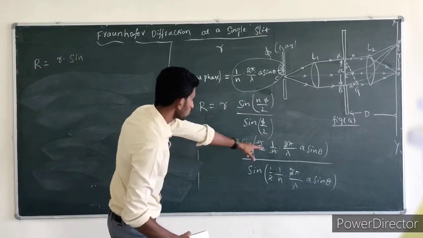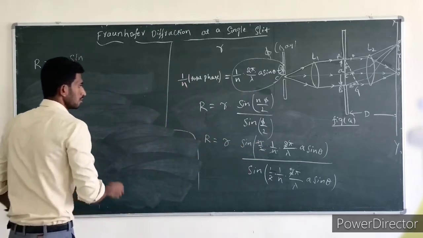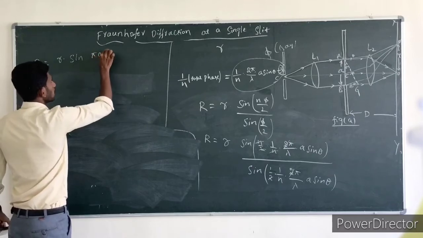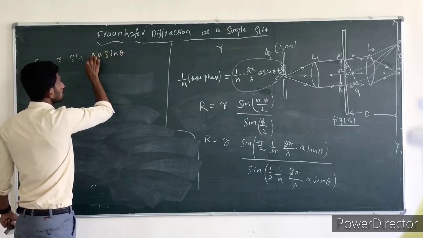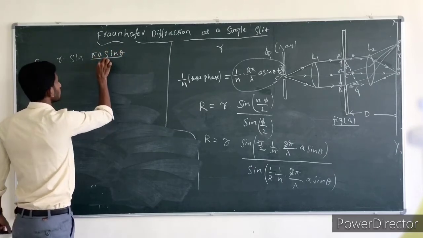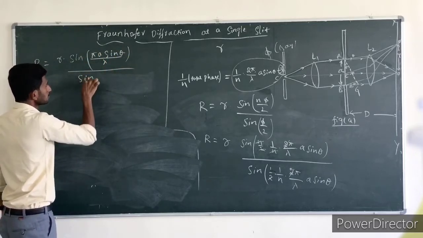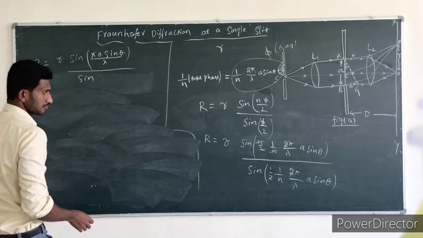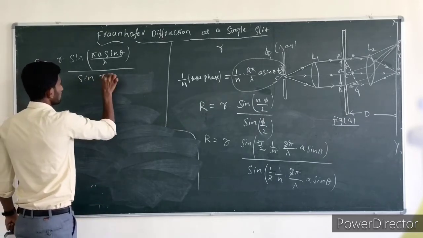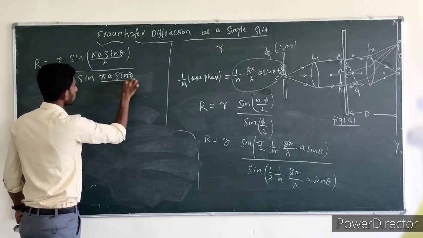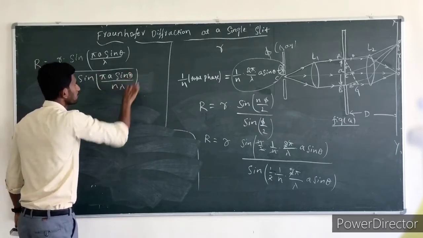Here I am left with pi a sin theta divided by lambda, divided by sin pi a sin theta divided by n lambda.